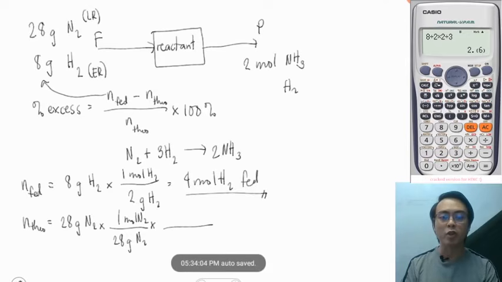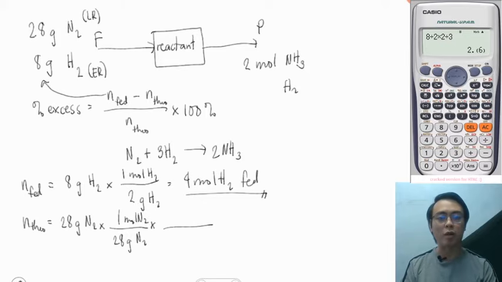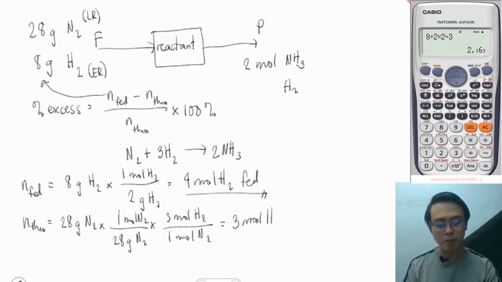We then perform stoichiometry to relate the amount of nitrogen to the amount of hydrogen that is needed for the chemical equation or for the chemical reaction. So in the balance equation, our equivalence is 1 mole of nitrogen is equivalent to 3 moles of hydrogen. Solving, this is 3 moles hydrogen, theo.